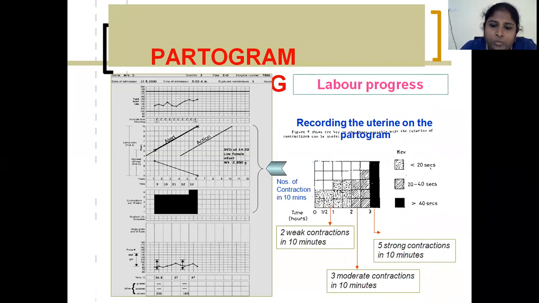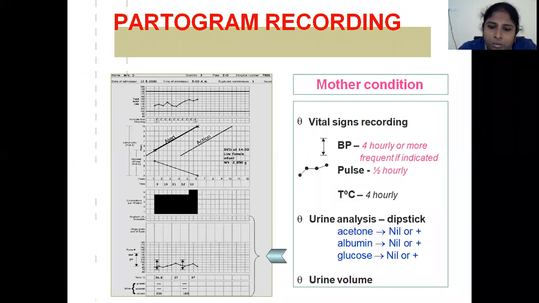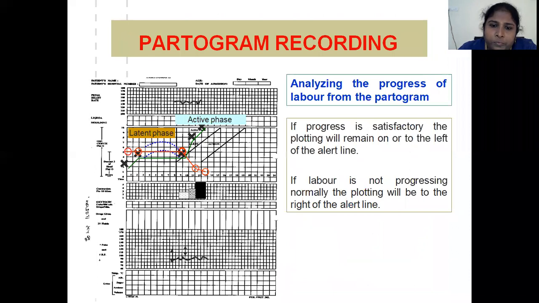Here you can see the contractions were weak, then became mildly strong, and here they have become strong. Mother's things here: BP and pulse are recorded here. BP, pulse, urine, acetone, glucose, urine volume.